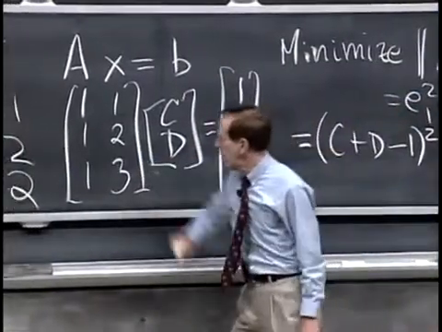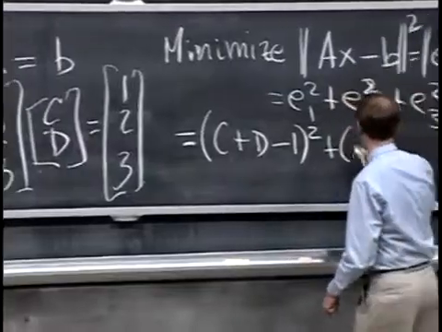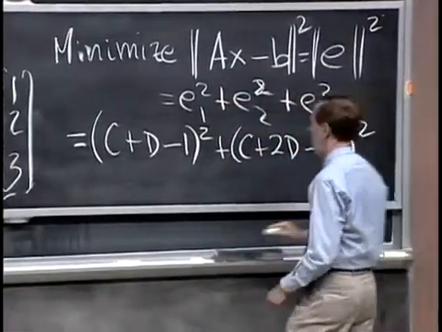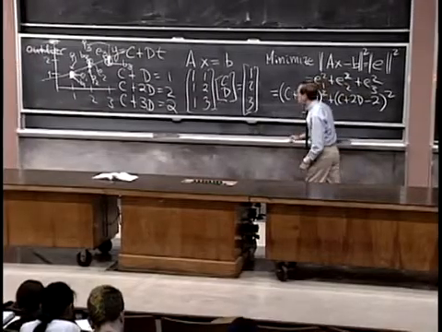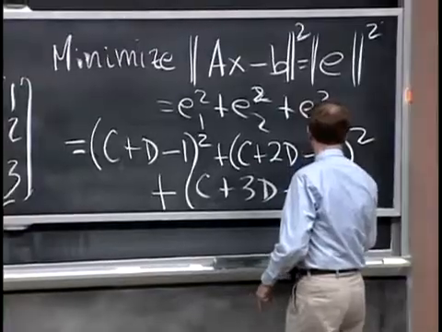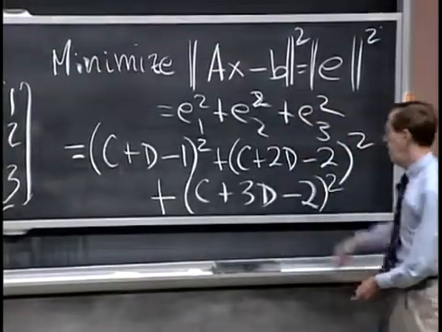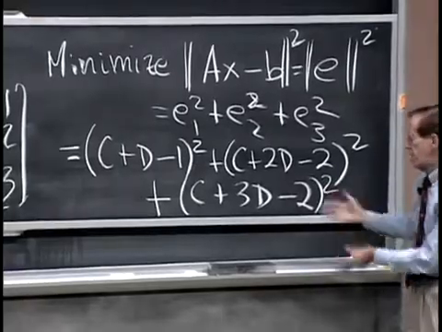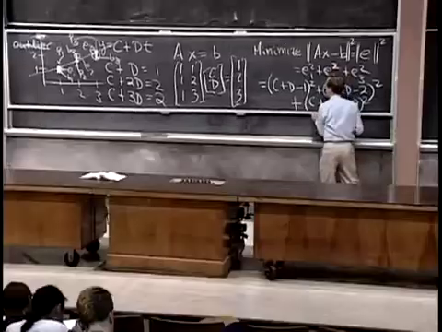The second error is what I miss in the second equation: C plus 2D minus 2, squared. And the third error squared is C plus 3D minus 2, squared. That's my overall squared error that I'm trying to minimize.